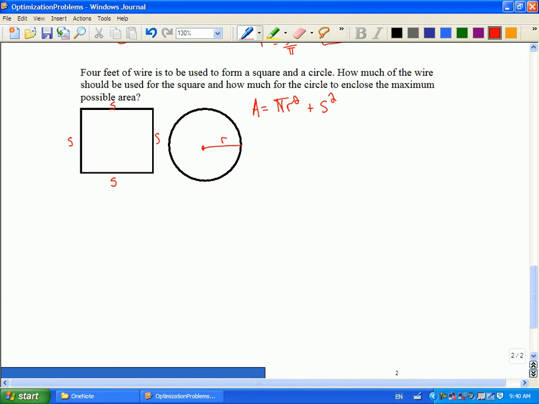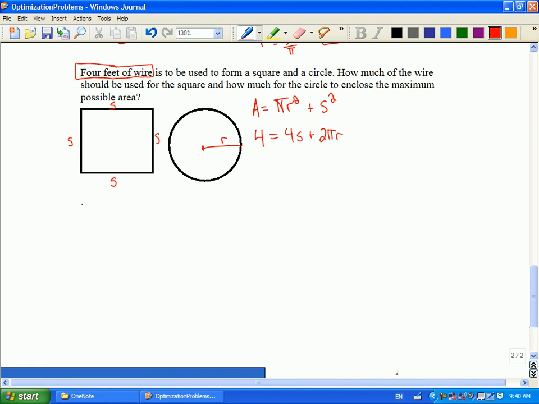Now, the only problem is I've got 2 variables right now. So it tells me that 4 feet of wire is what I have. So those variables have to obey this rule as well. The circumference of the circle is 2 pi r, plus the 4 sides of the square have to add up to those 4 feet. Okay.